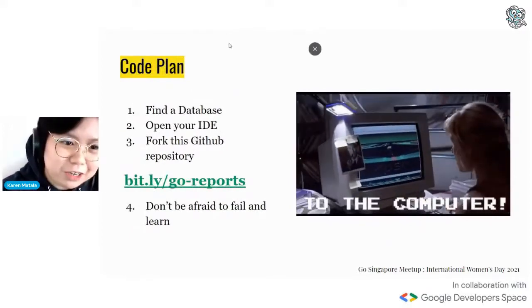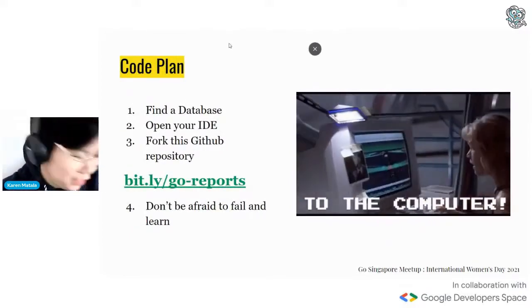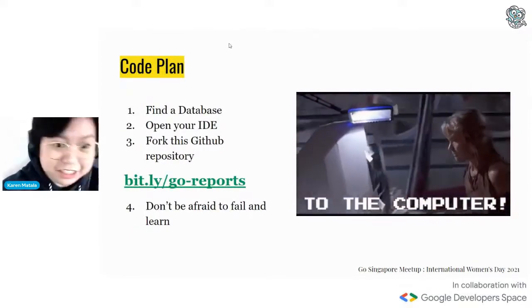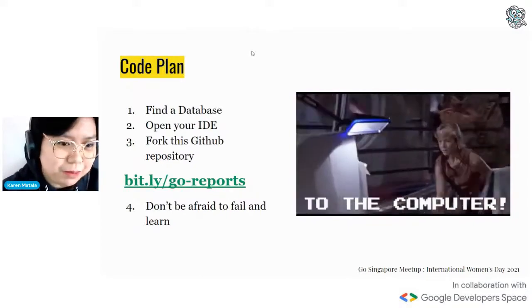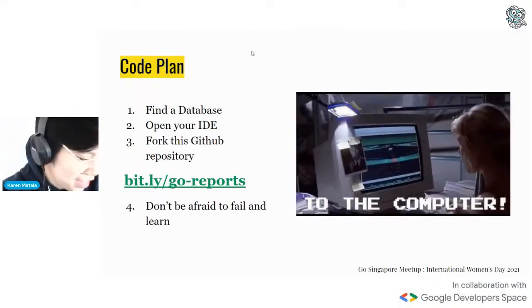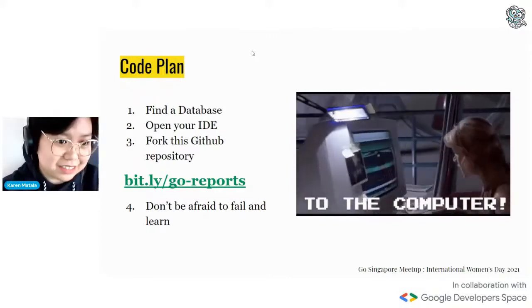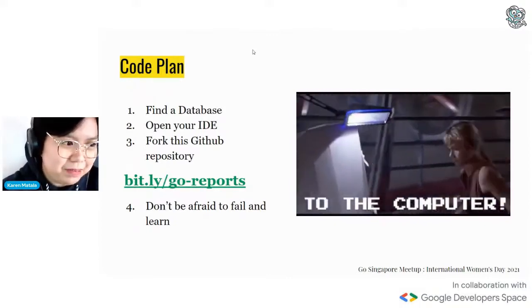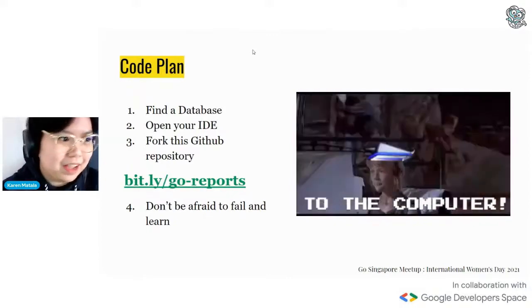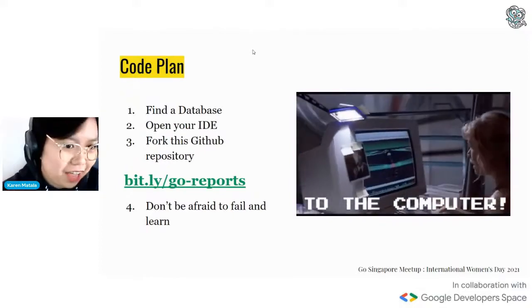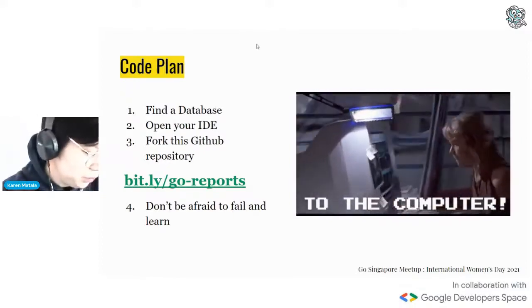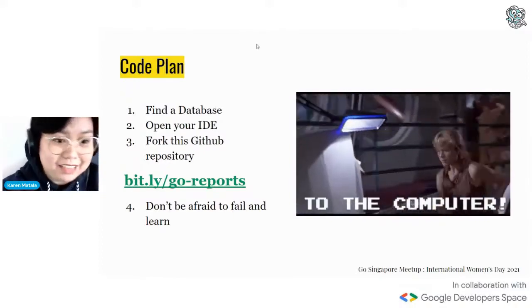So let's have a code plan in order to execute this generation of report. Number one essential thing is to find a database. A database can be like maybe MySQL or some Excel sheet or a CRM. Number two is actually opening our IDE.